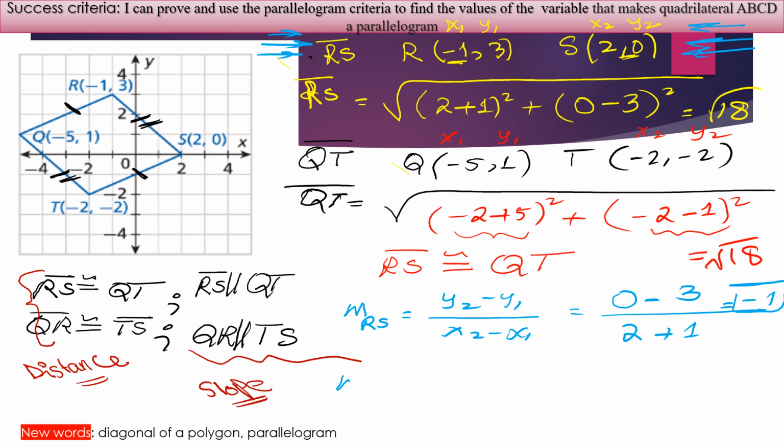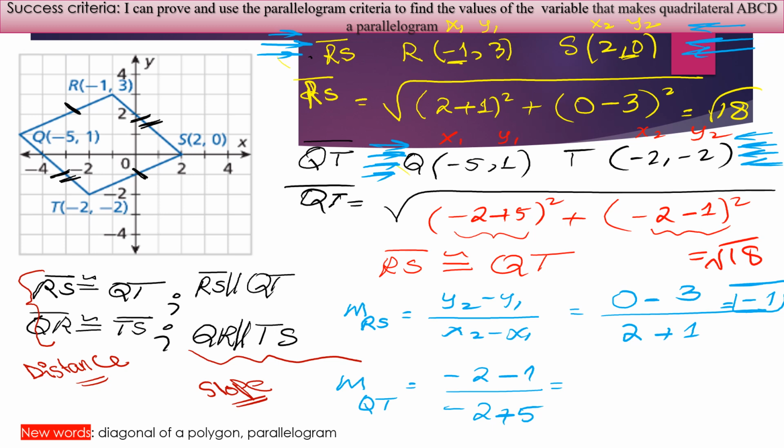Now find the slope of QT. And where is QT? For the QT, the coordinates are here. This is Q and this is your T. So y2 is 2 minus y1 is 1, x2 is minus 2 minus x1 is minus 5, so minus minus plus 5.